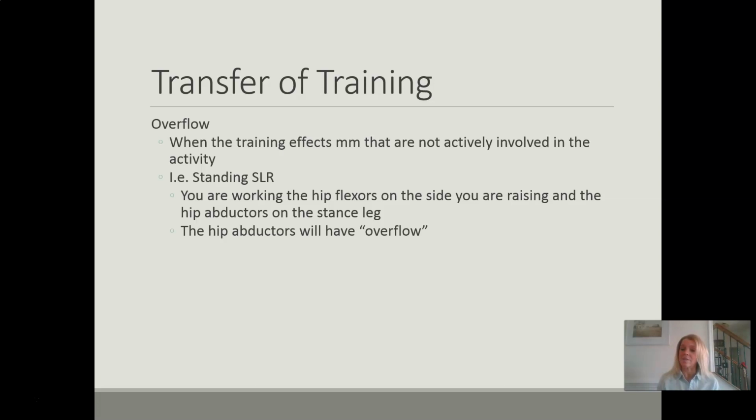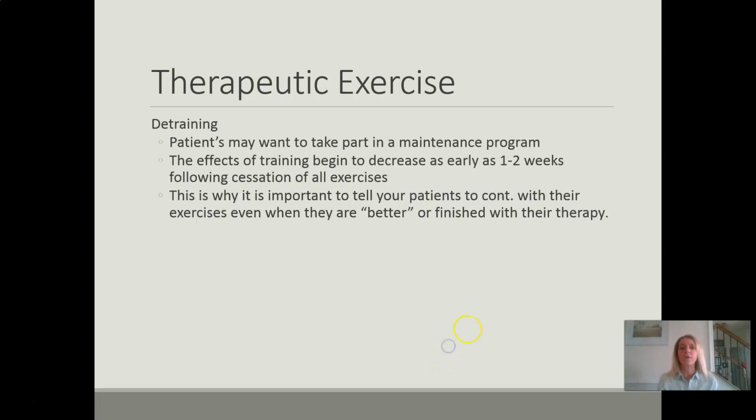So since we weren't allowed to do strengthening as that one was healing, we were focusing on strengthening the other side and some of the surrounding musculature to hopefully increase the strength of that arm once we were allowed to begin more resistance training. So that's overflow.